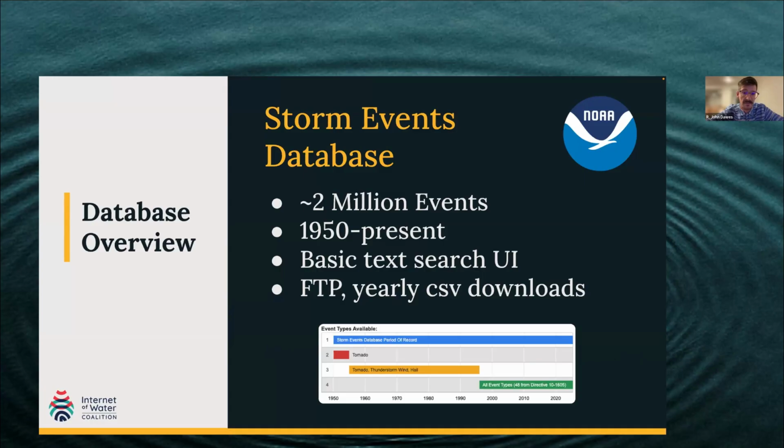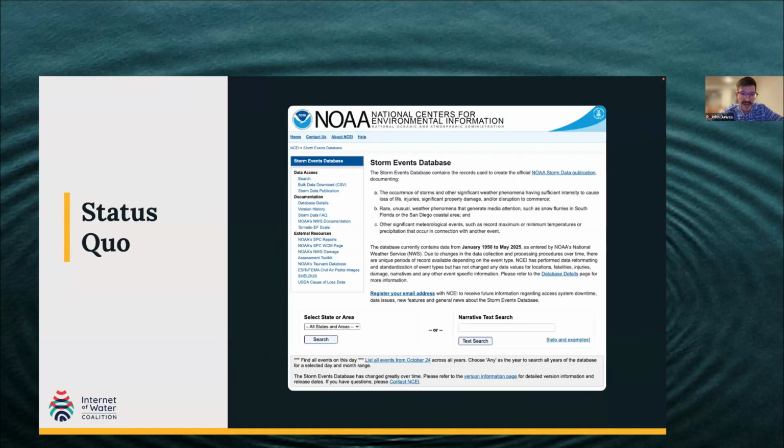And Brad, if you go to the next slide, this is an example of this respective interface. There's the ability to bulk download data from that FTP site, and it was really solid in terms of access and providing data transparently.